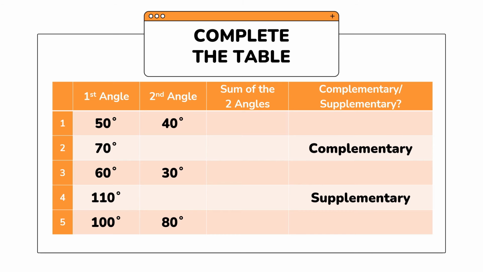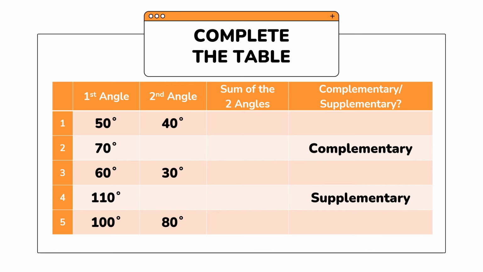Next, number 2. The given are the measure of the first angle, and it is identified that it would be complementary. Okay, so since it's complementary, it should be equal to 90 degrees, right? And the given first angle is 70 degrees.